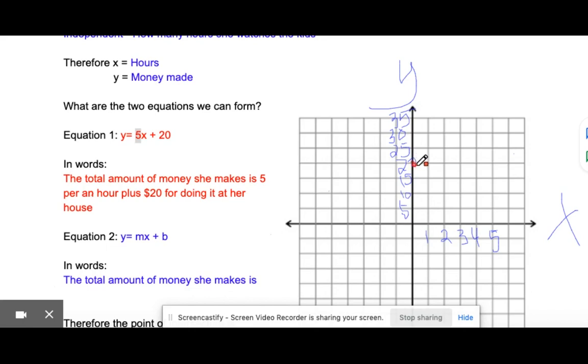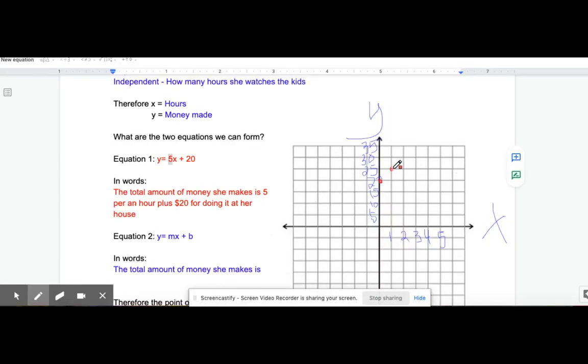And then after 1 hour, I make $5 more, so I'm up at 25. Another way to think of that is this slope is 5, and I can always divide that by 1, because if your slope isn't a fraction, you can make it a fraction by dividing by 1. And then remember, it's how far up you go divided by how far right you go. So I need to go up 5, but up 5 doesn't mean 5 tick marks because each tick mark is worth 5.